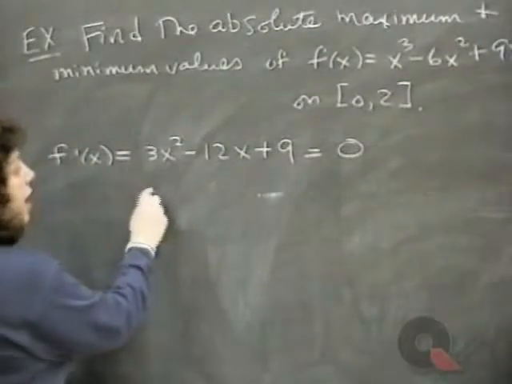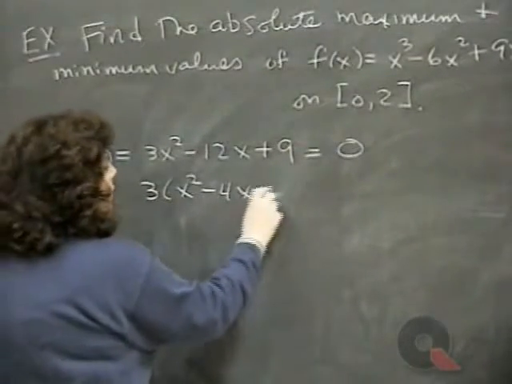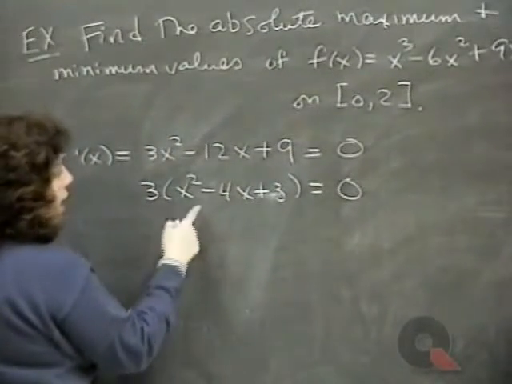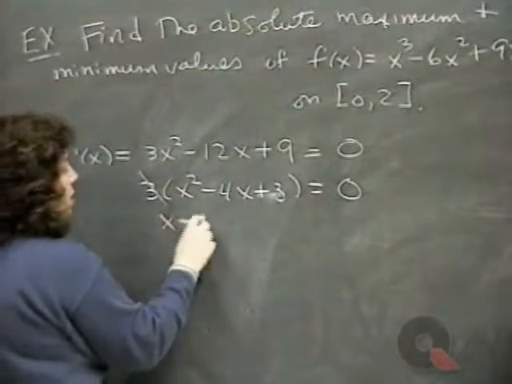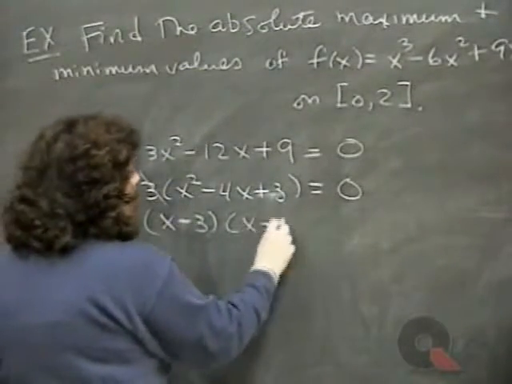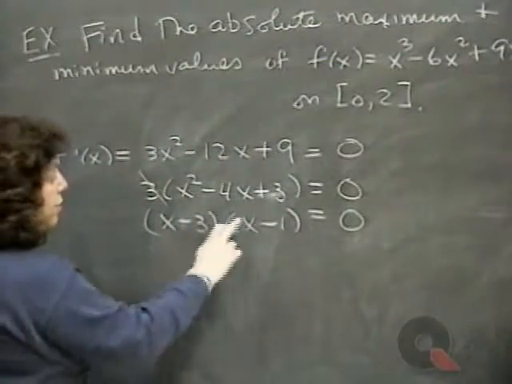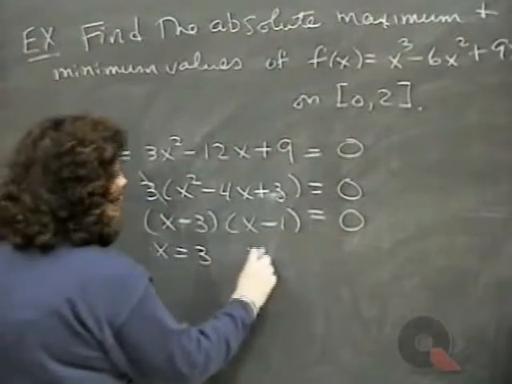We can factor out a 3 times x squared minus 4x plus 3. We could divide by 3 and factor x squared minus 4x plus 3 into x minus 3 times x minus 1. Setting it equal to 0 gives us two critical numbers.